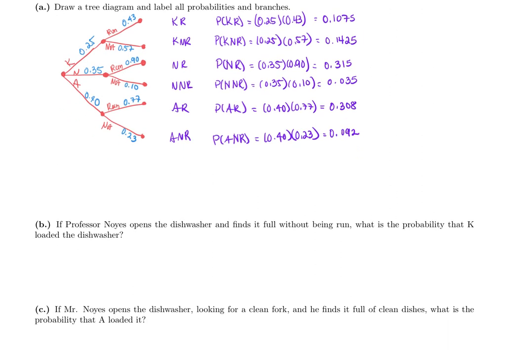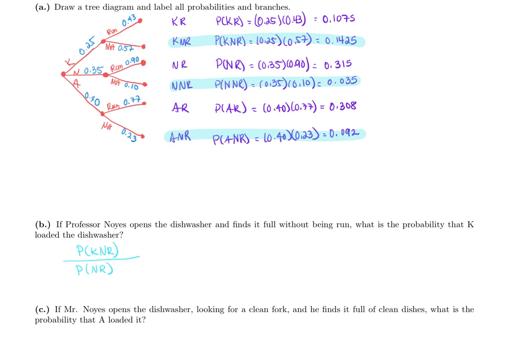So here we would have a probability of K and not run, divided by the probability of just not run. And there are several different ways the dishwasher could be not run. Well, here's a not run, here's a not run, and here's a not run.